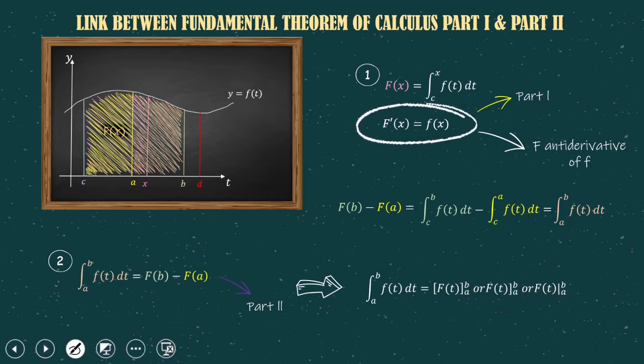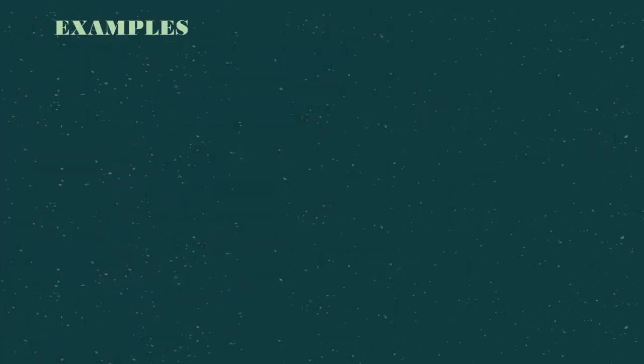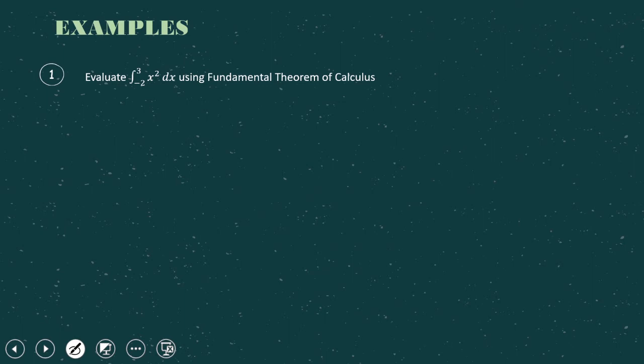So now let us proceed to the examples. The first example states: evaluate the definite integral from -2 to 3 of the function x^2 dx using the fundamental theorem of calculus. So this is how we get that using the fundamental theorem.